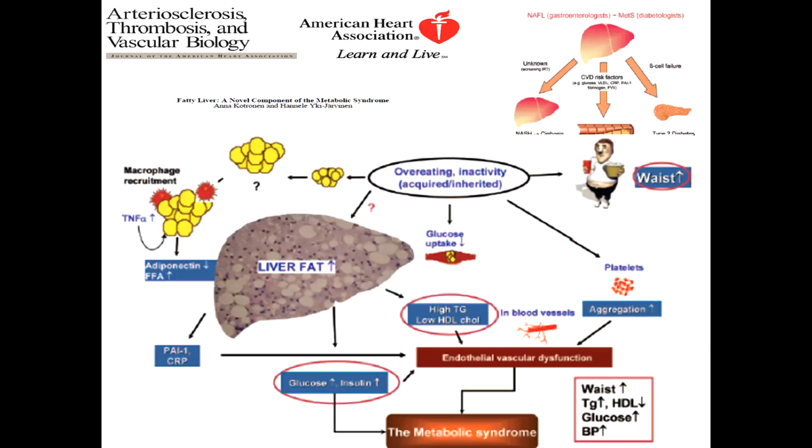So it's not uncommon to be able to recognize the presence of fatty liver in people that have a lot of visceral adiposity. And that increased liver fat is going to scream inflammatory oxidative stress liver, which is going to begin to release a lot of chemicals, a lot of hormones, a lot of inflammatory mediators that ultimately are going to result in endothelial vascular dysfunction. So, liver disease causes atherosclerosis.